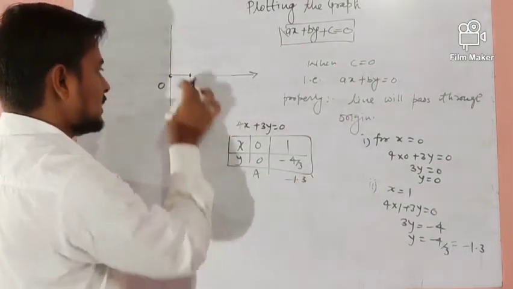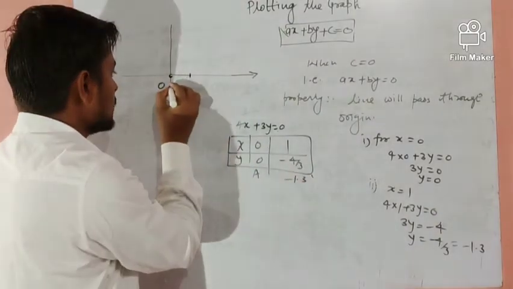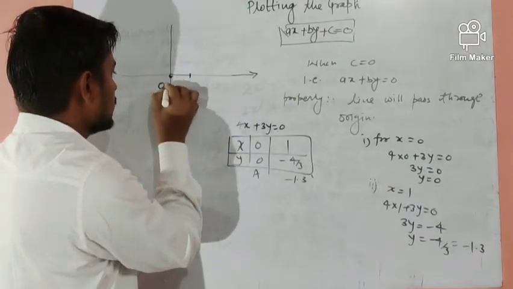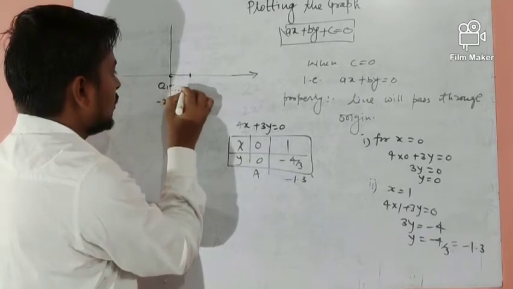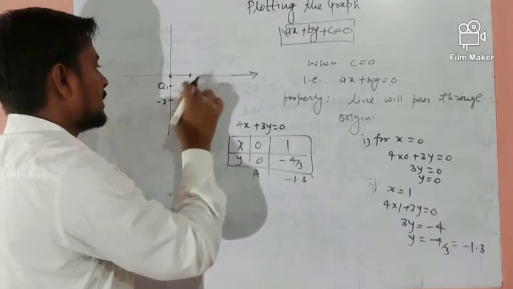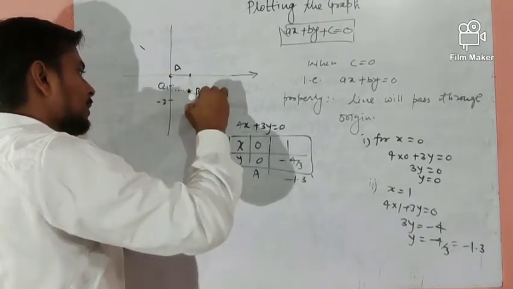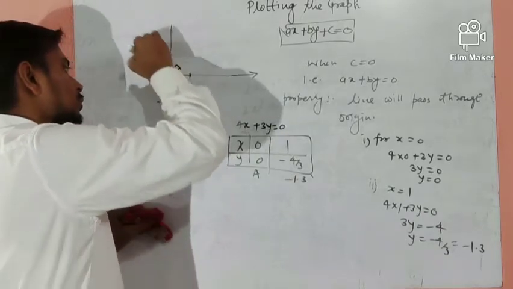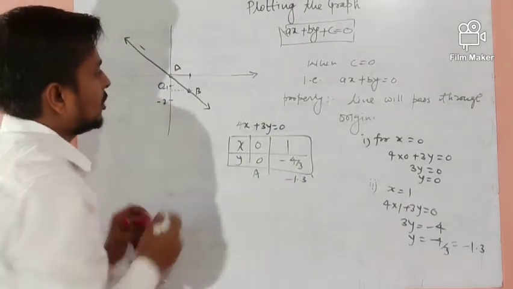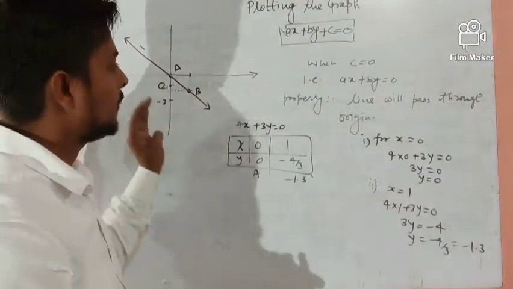Now on the y-axis in the negative direction, this is minus 1.3. So suppose here 1 and minus 2 is here. So this will be in between here. So we have reached here. So our second point B will be here, A will be here, and we will join these 2 points. It will 100% surely pass through the origin, right?